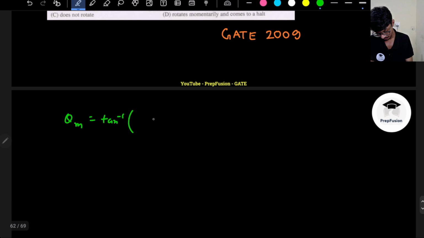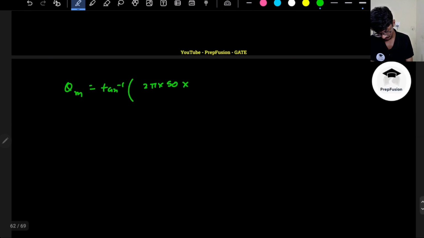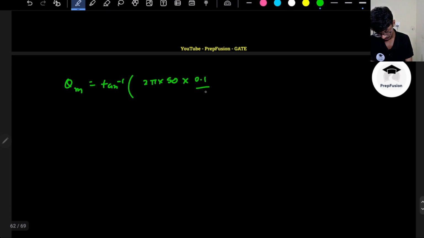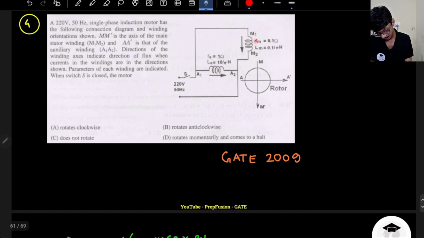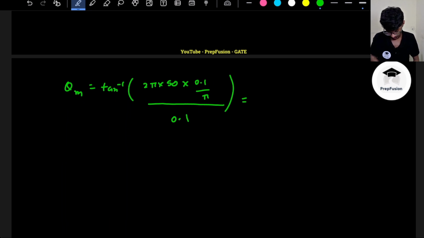Xm is 2 pi into f, 50, into 0.1 pi, divided by Rm, and Rm is 0.1. If I calculate this value, 100 into 0.1 will be 10, so this is tan inverse of 100, which is almost 89 point something.